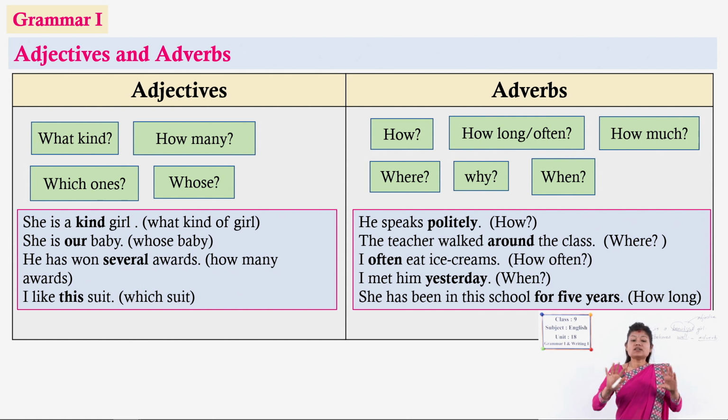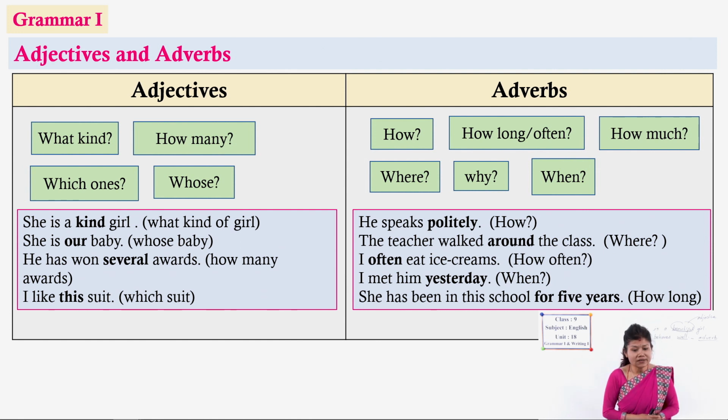The teacher walked around the class. Where does the teacher walk? Around is an adverb here. I often eat ice creams. How frequently do you eat ice creams? Often, an adverb of frequency. I met him yesterday. Yesterday, time, it answers the when question, so yesterday is a time adverb.